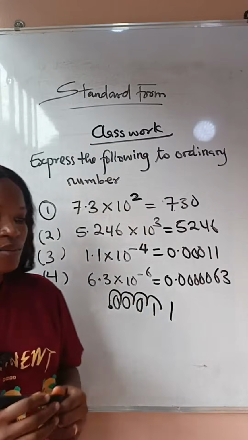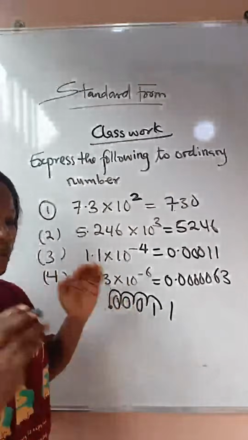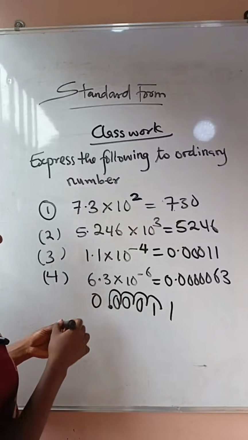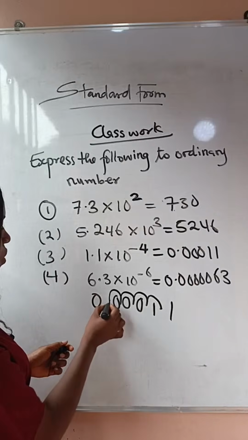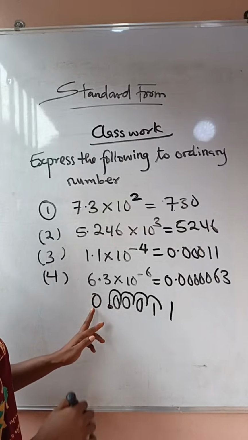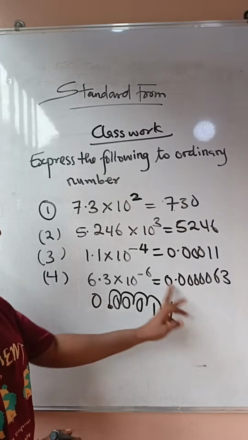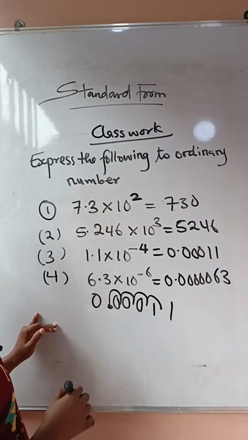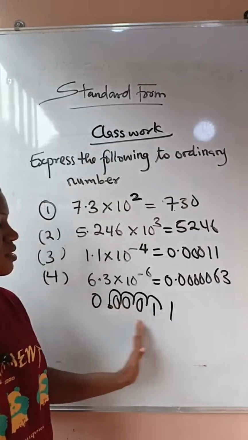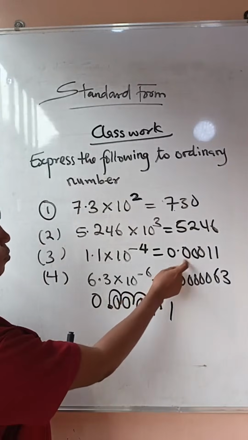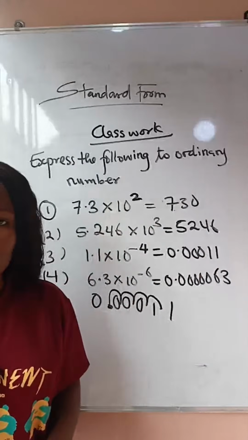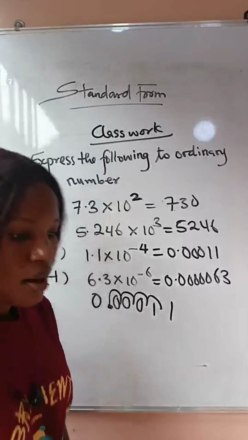But I said something in the video. Remember that it's going to be 0 point. So even though this is your decimal point, you need to add this 0 to show that there is no whole number in this particular number. There is zero whole number. Everything is in decimal. So that is why you have 0 point and you have 3 zeros here. And that is why that answer is also correct.